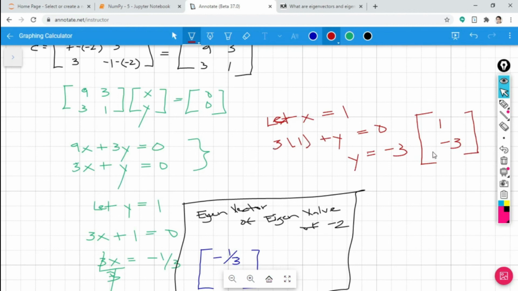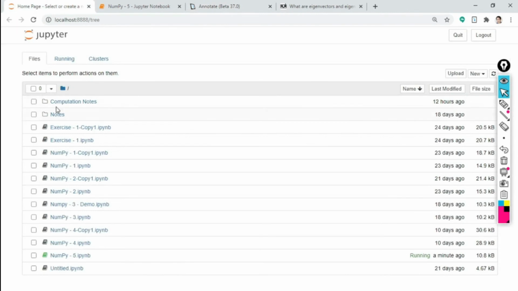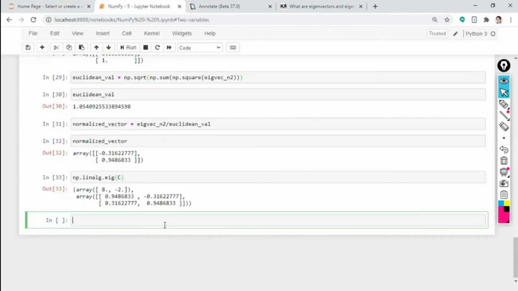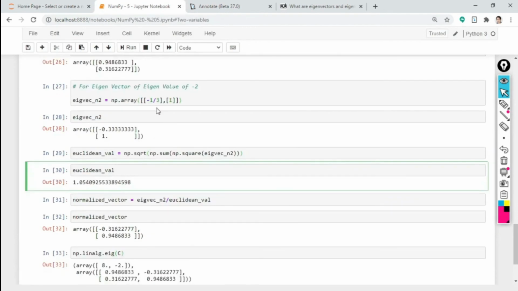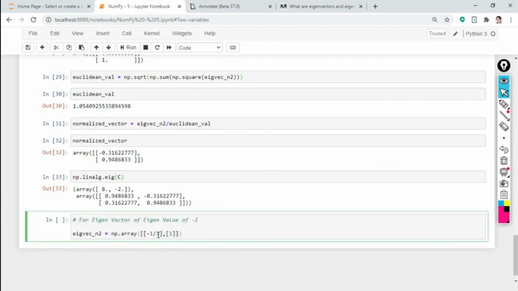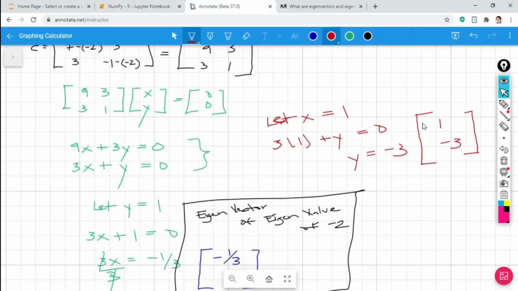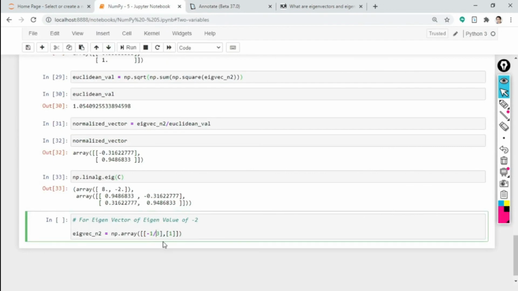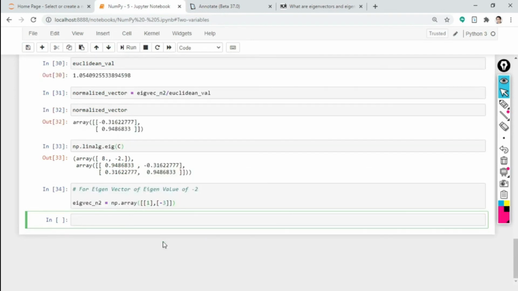So it qualifies also. But this time, if we select the computations and reverse this, we got 1 and -3.